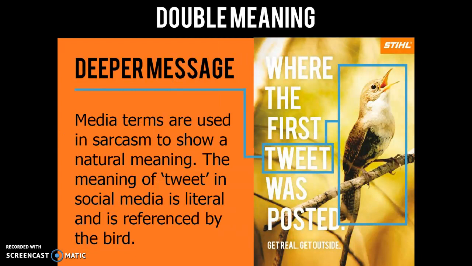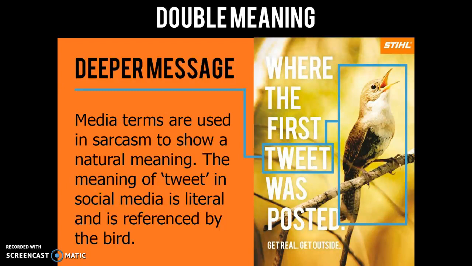Another consistency throughout the campaign is the use of the double meaning. As you can see in the draw over here as well, the word tweet is circled. Each of us, I would assume, are familiar with Twitter, and in this case they use the word tweet and they kind of twist that word to mean something a little bit more outdoors, a little bit more natural.